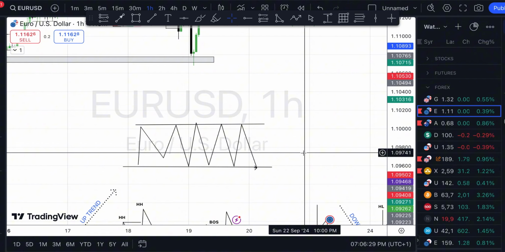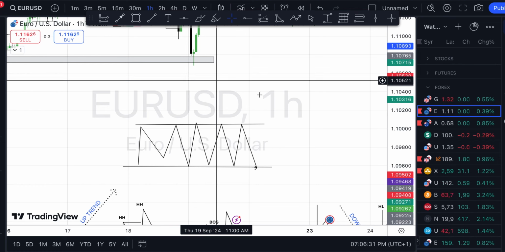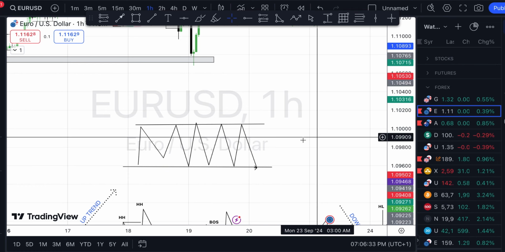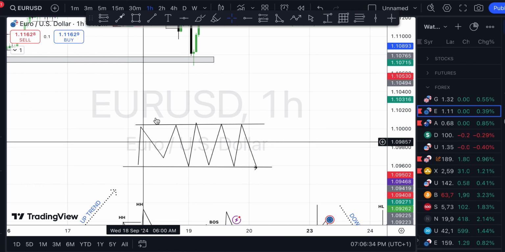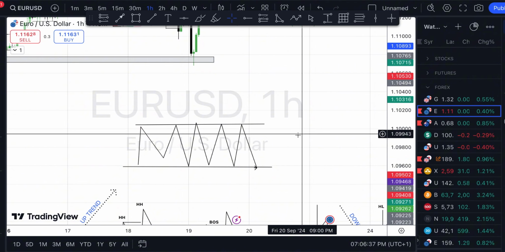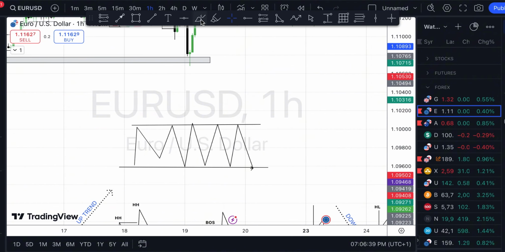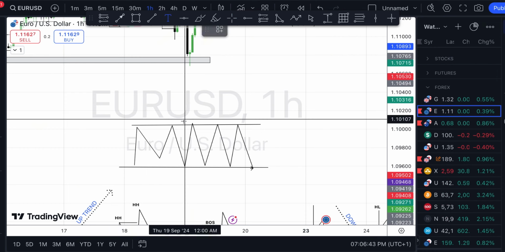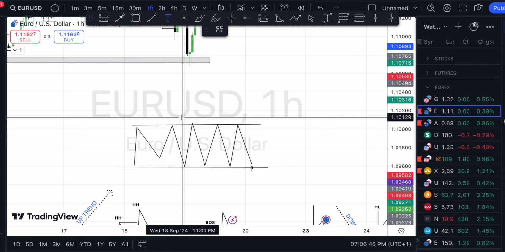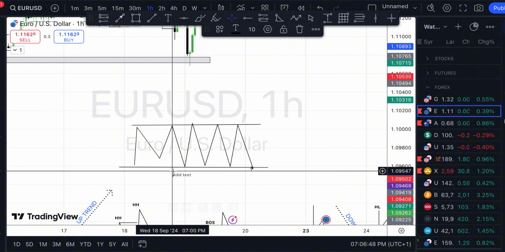Now, let me also talk about support and resistance. On a ranging market like this, this is a support zone. Support zone is always down. Support.